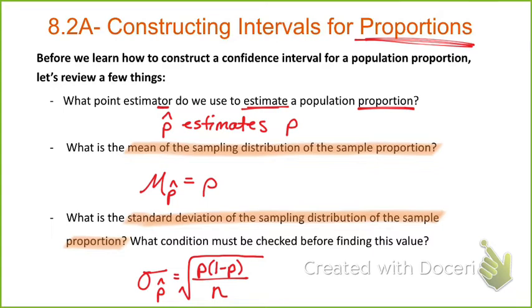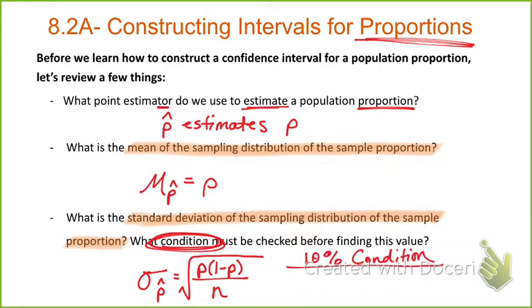Awesome. Now, do you guys remember what condition you had to check anytime I asked you for this standard deviation? And it was not the large count condition. Good. We had to check the 10% condition.